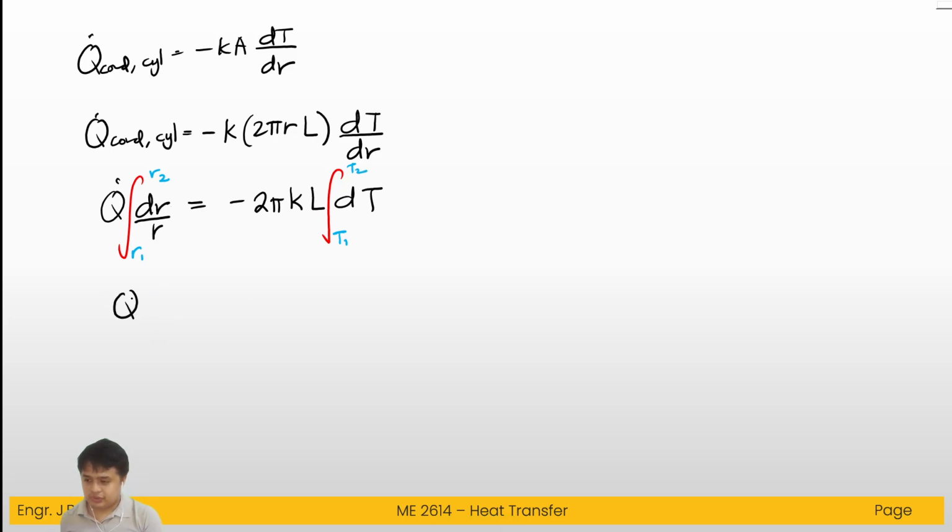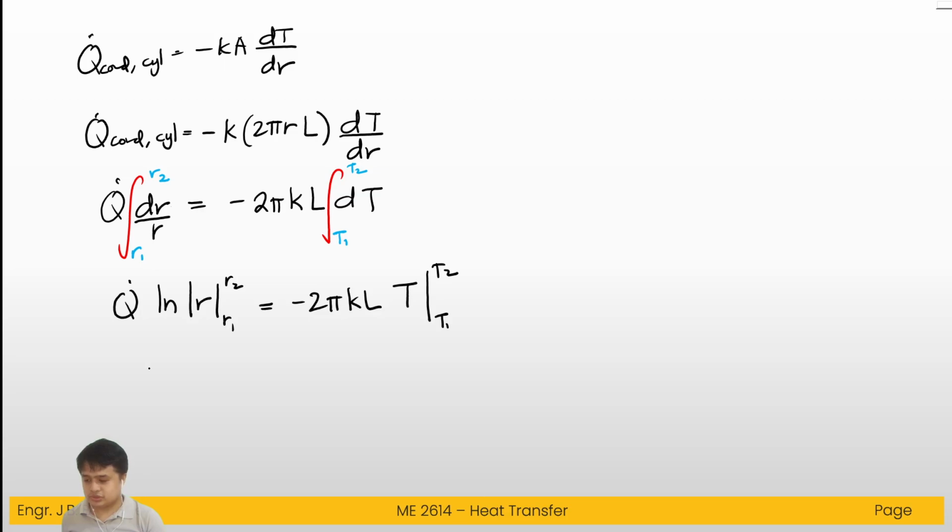Solving for this, we have q, and the integral of dr over r is ln of the absolute value of r, evaluated from r1 to r2, equals negative 2 pi kL times T evaluated from T1 to T2.